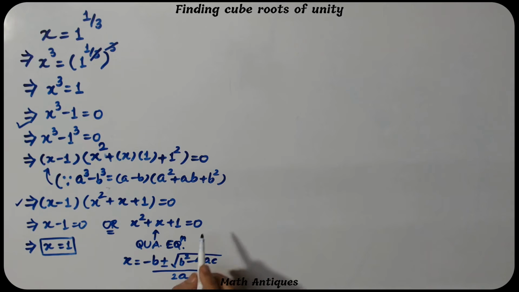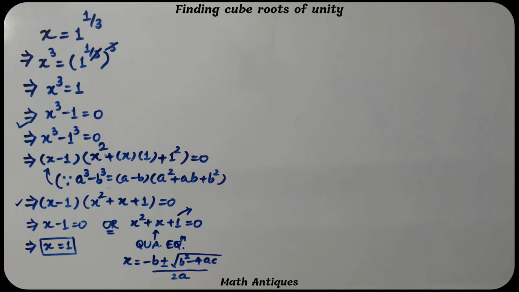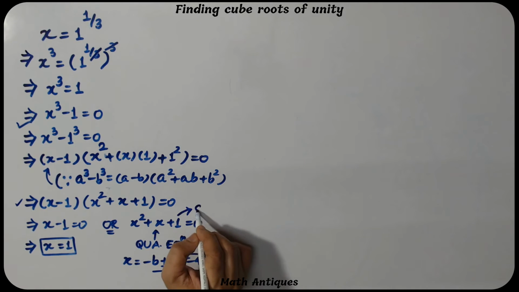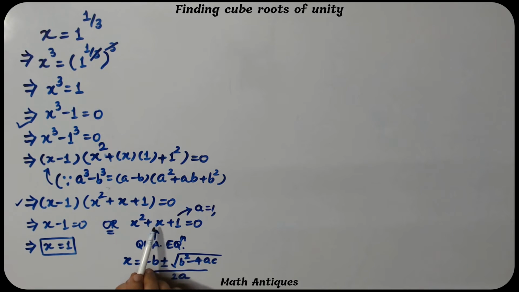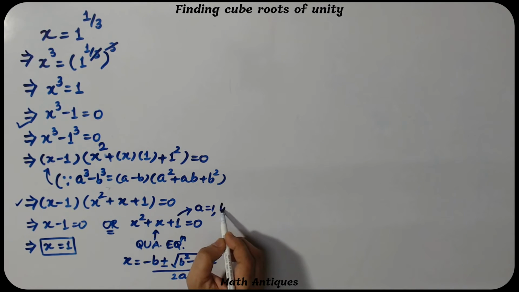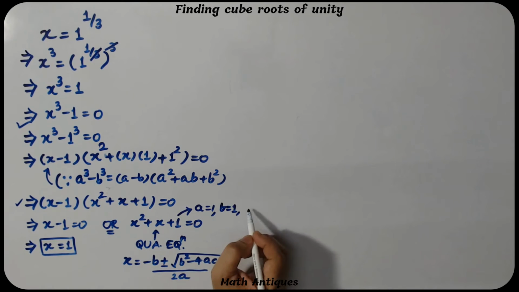But we have to have the knowledge of a, b, c. As you know, a is the coefficient of x square. So here x square is having the coefficient 1, so a is 1. b is the coefficient of x, which is again 1 here, so b is equal to 1. And c, the last term, the constant term, is equal to 1.